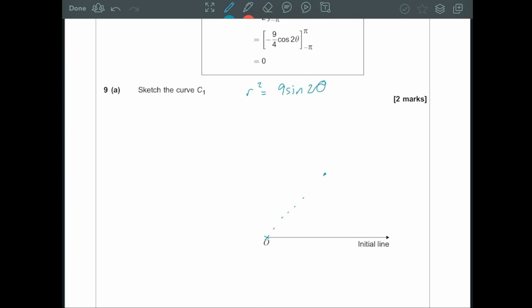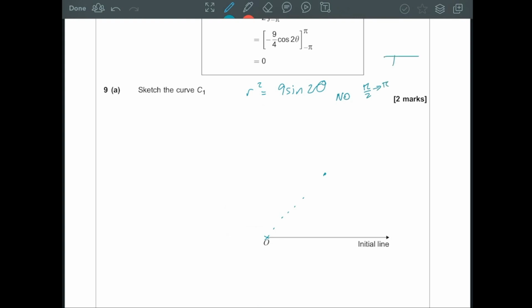So I've got back to the origin. And then that seems to repeat. When I put in 3 pi by 2, I get -1. But when I put -1 in, I've got r squared equals -9. So there is no solutions when sine 2 theta is negative. So there's no solution between pi by 2 to pi.